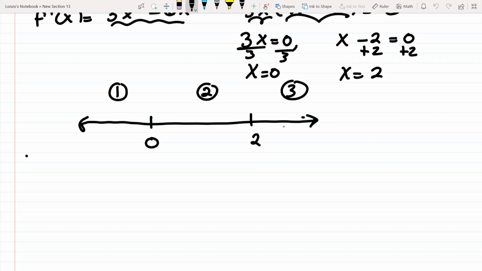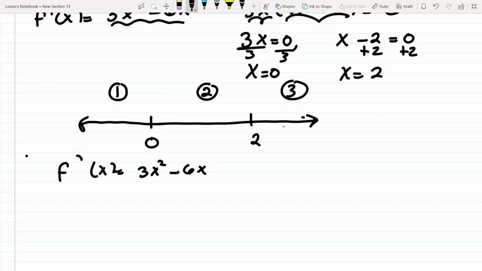The only difference is it's f prime. You put your x value in f prime. So f prime of x is 3x squared minus 6x.